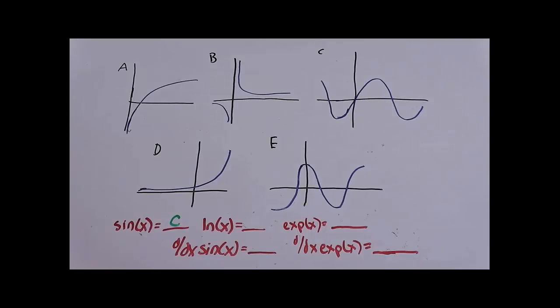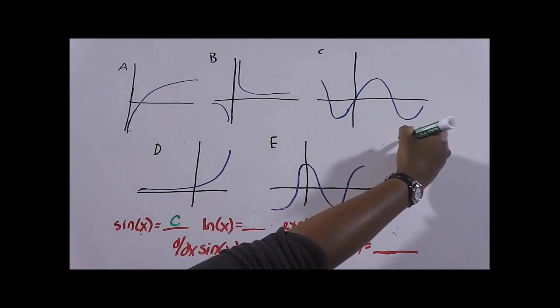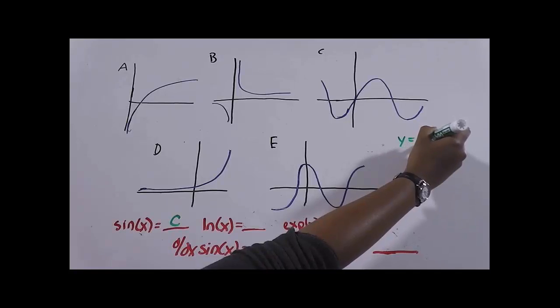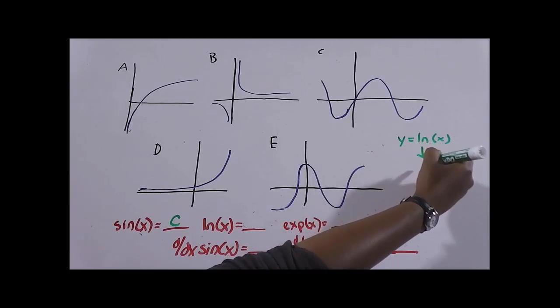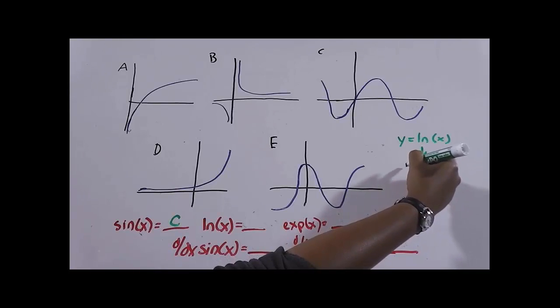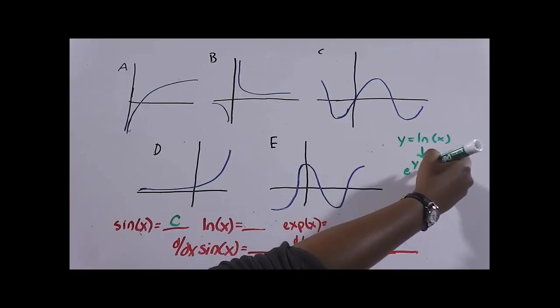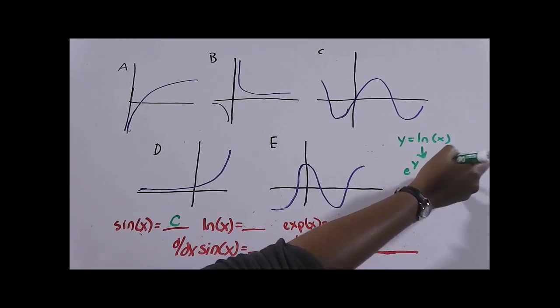For the graph of natural log of x, let's rewrite this in a way that might make this a little more clear. If we have y equals natural log of x, we can rewrite this as e raised to the y is equal to x.